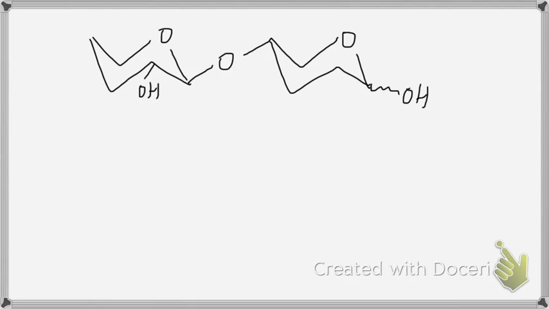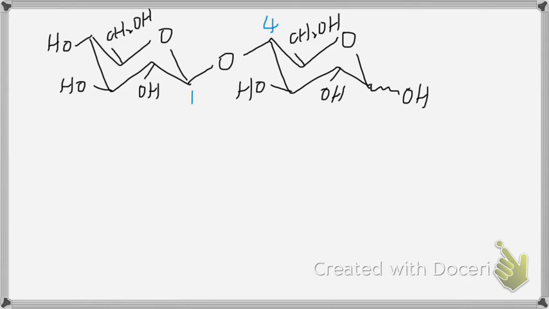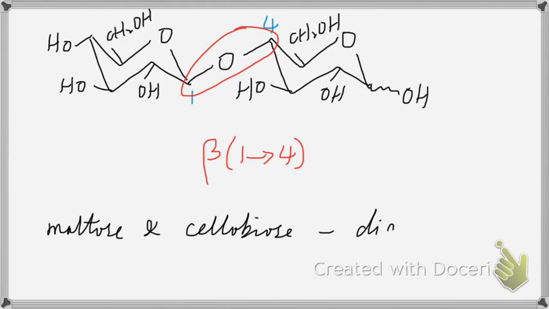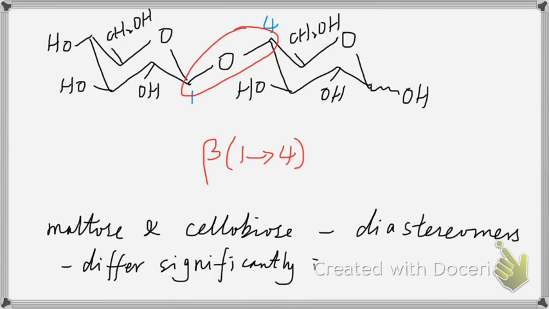And here is the structure in the chair conformation. Carbon 1 links to carbon 4 in the beta 1,4 linkage. So maltose and cellobiose are diastereomers. The only difference is the absolute configuration on carbon 1 of the first unit: one is down, the other is up.